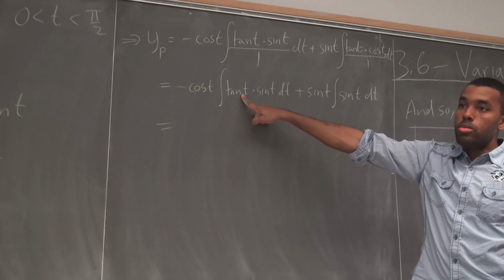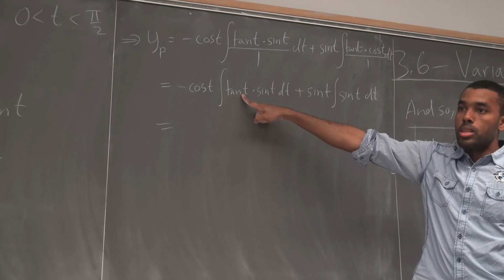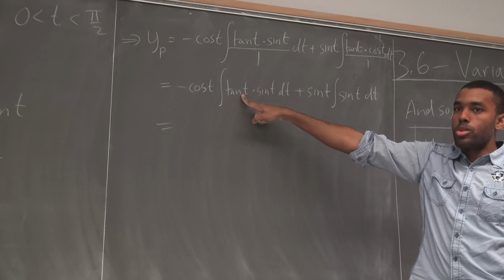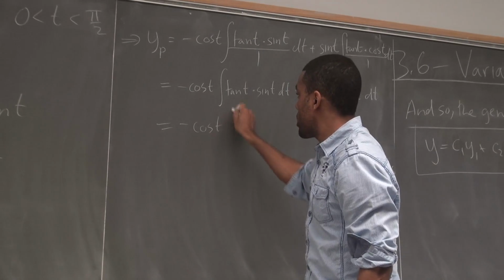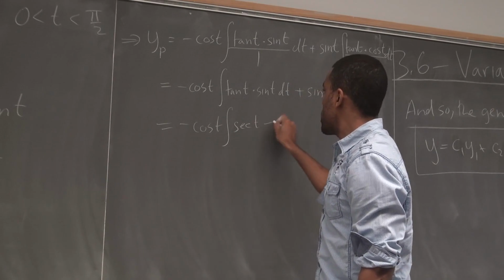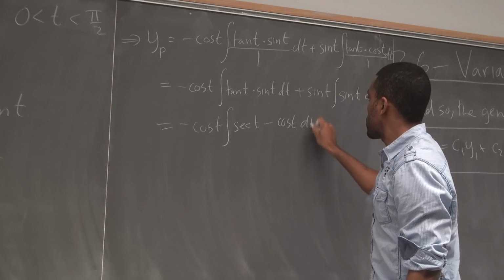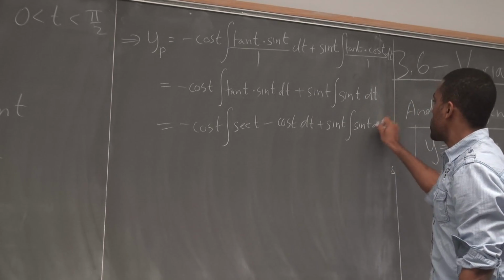Break up tangent into sine over cosine, then we would get sine squared over cosine. How do you deal with that? The Pythagorean formula. Break it into 1 minus cosine squared, then you divide cosine into each. Eventually you will end up with secant t minus cosine t, plus sine t times the integral of sine t dt.